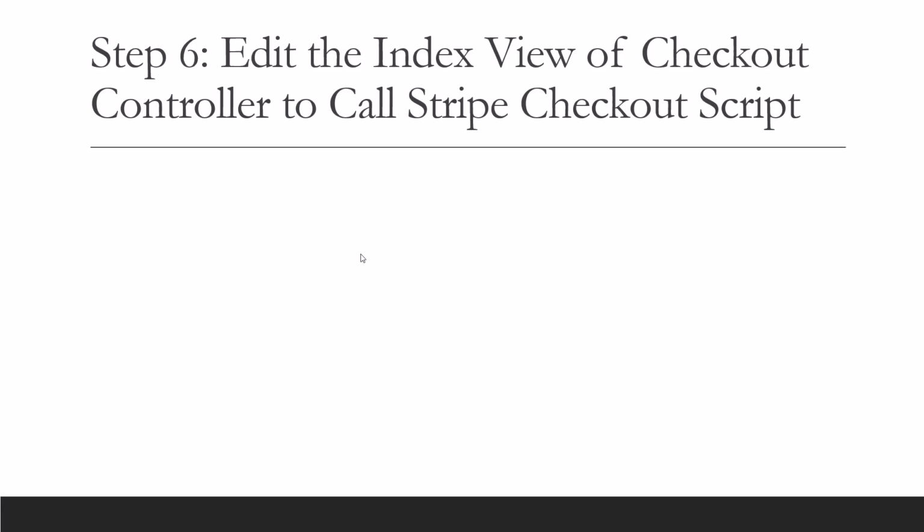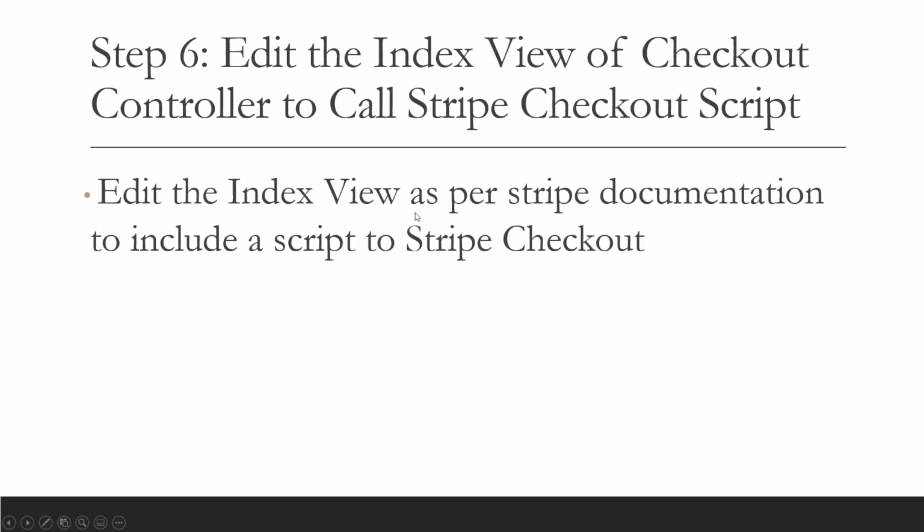So step 6, we are into step 6, remember, and this is to edit the Index view of the Checkout controller to call the Stripe checkout script. So I've got to edit the Index view as per the Stripe documentation to include a script to the Stripe checkout. I will show you soon where I have got this script from.